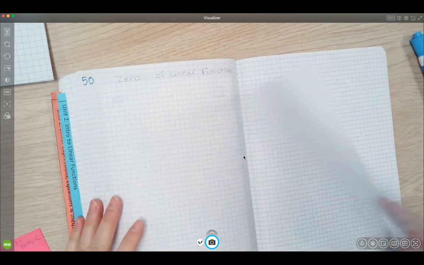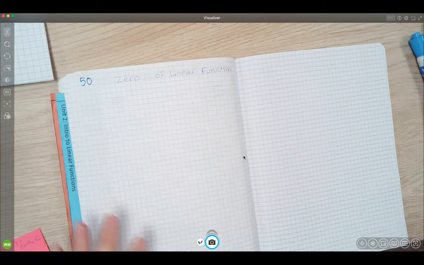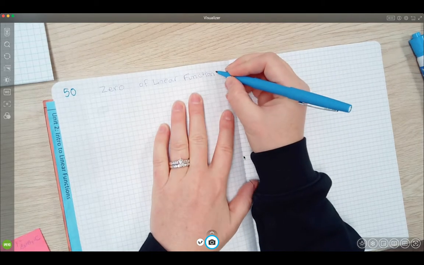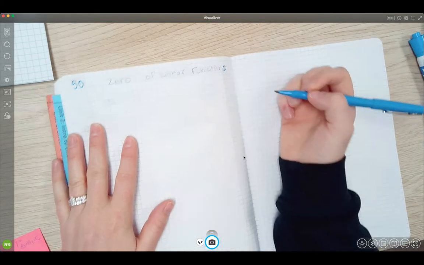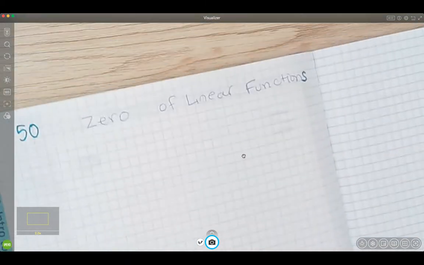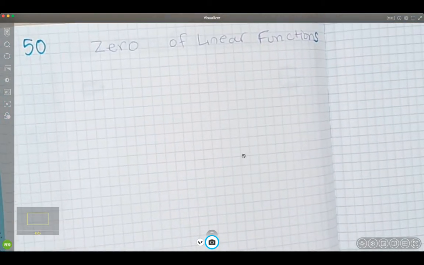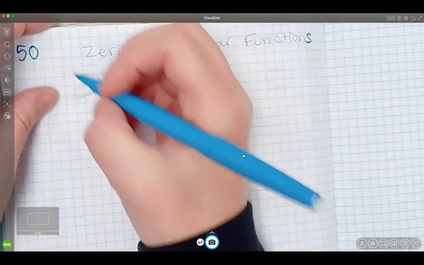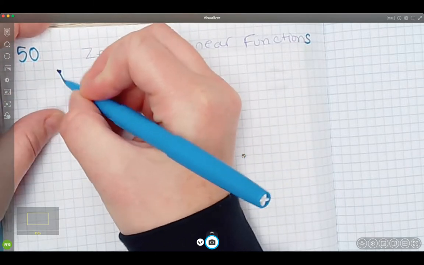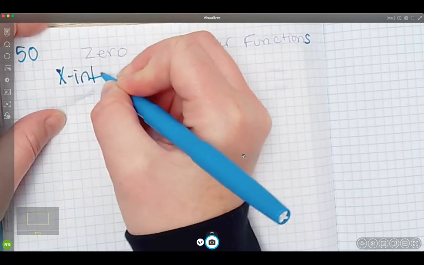So we are talking about the zero of linear functions. So that is the title. The zero of linear functions is just a fancy word for the x-intercept.